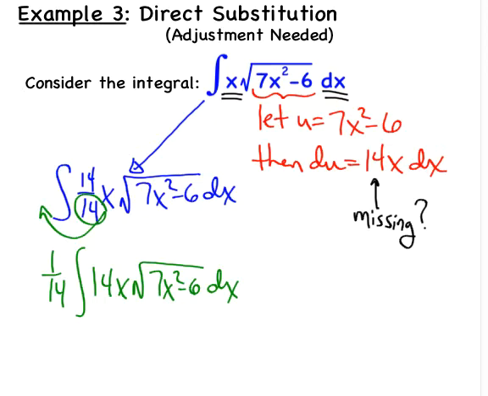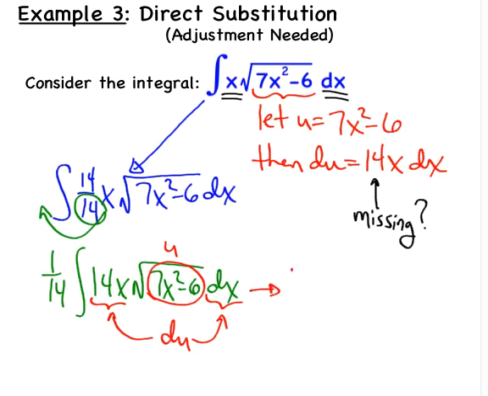I often use the analogy with money. I can take $1 and trade it for 4 quarters, or I can take $1 and trade it for 10 dimes. Well, here I took the number 1 and I traded it for 14 over 14 so that I can get the necessary coefficient for my du. Now we see that the 14x dx will all be replaced by du, and everything under the radical is going to be replaced by u.